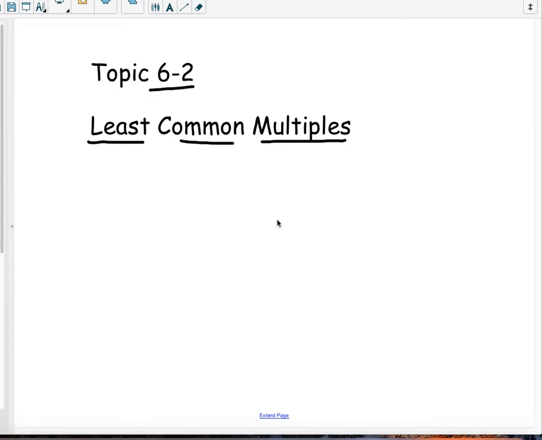All right. Now, before we start talking about finding the least common multiple, remember that another way of asking for it is to write LCM, least common multiple. Before we go into the actual lesson, let's make sure we know the difference between factors and multiples. Let's write down the number 8.